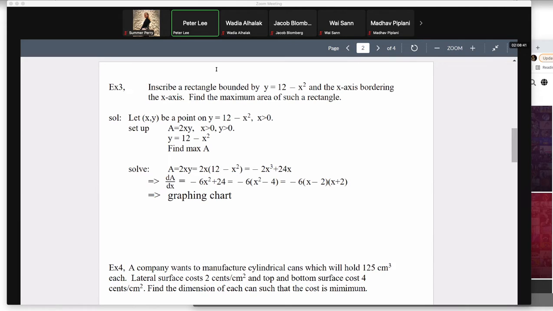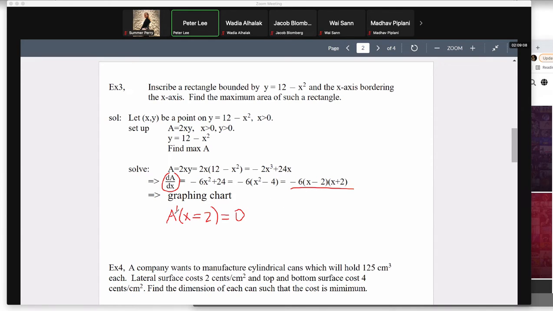So what you see is that you do all this, and then dA/dx is equal to this right here. And then what you say is that A prime at x equals 2 is equal to 0. Is that true? Yes, that is true. At x equals 2, A prime is 0.